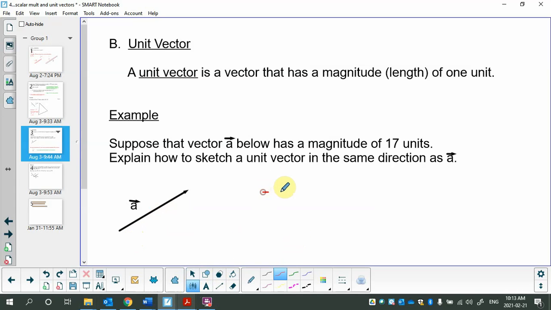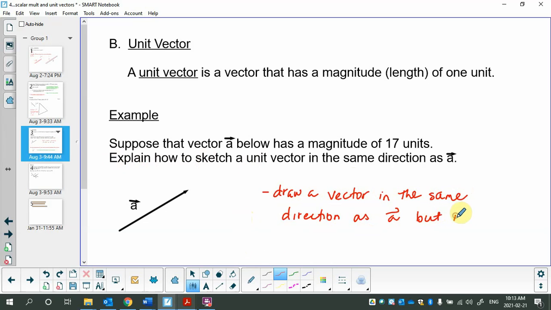What you do is you draw, and remember it says explain how to, not to actually do it. Draw a vector in the same direction as vector A. Remember to use your vector hat.